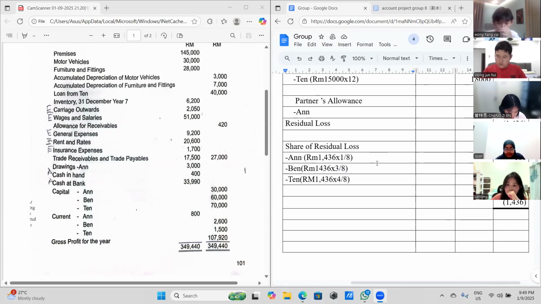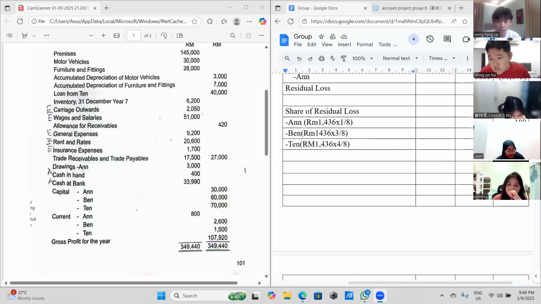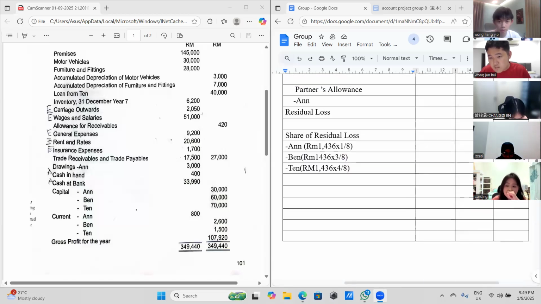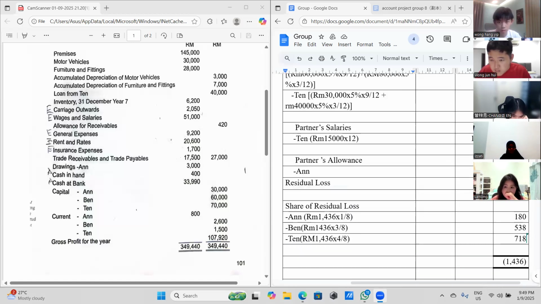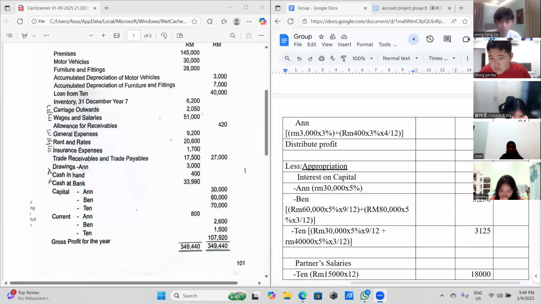And now we are going to do the current account, and according to the question information given, we should put the balance BD first, which is here, and should be January 1.